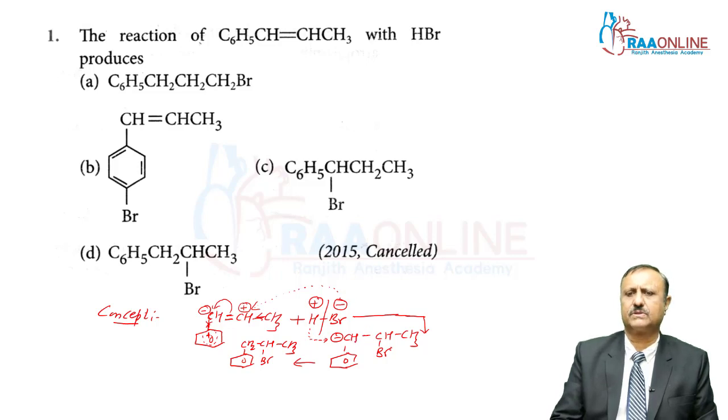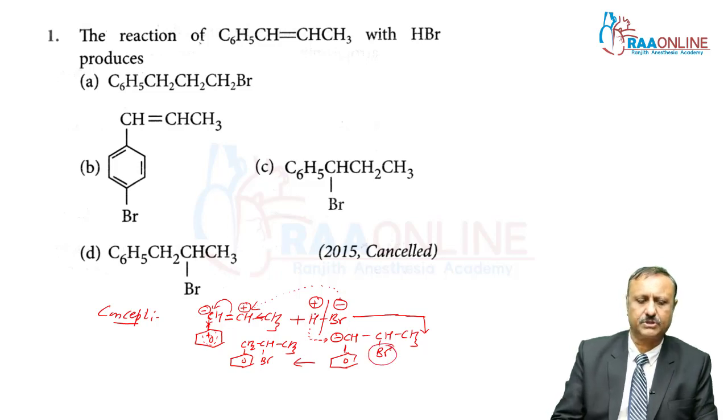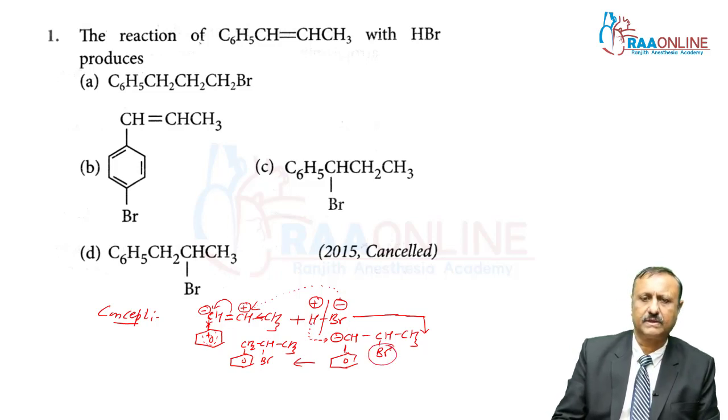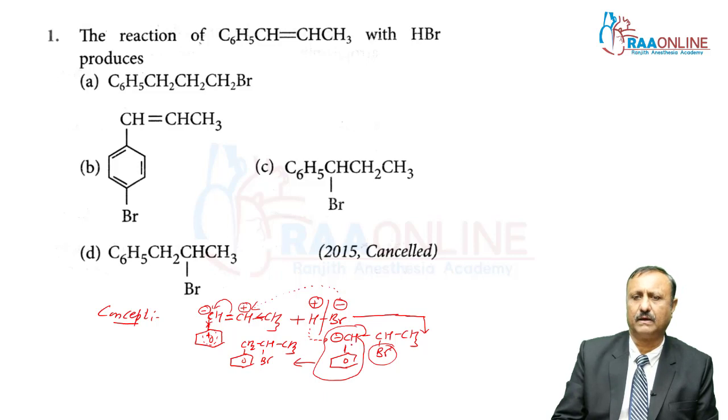Now, my dear students, here you can see, when you add this bromide ion Br minus on this side, and this is the CH, is it stable or not? First of all, think whether this anion is stable or not.